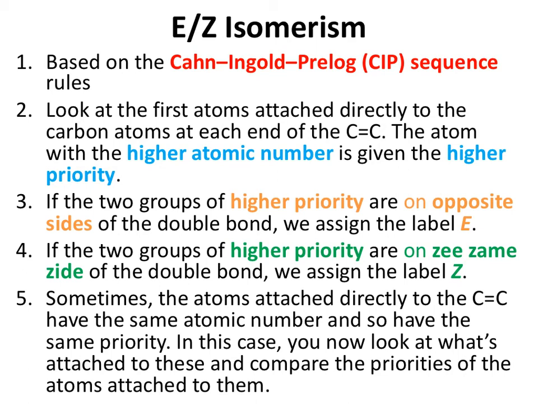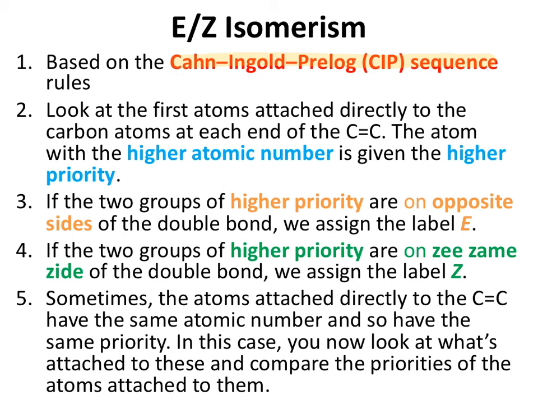And this is based on the Cahn Ingold Prelog sequence set of rules. Now, you just need to know that name because in an exam question, sometimes they can say, use the IUPAC Cahn Ingold Prelog rules to determine, etc., etc. So you need to recognize that Cahn Ingold Prelog is basically flashing to you that you're going to be doing EZ isomerism here.